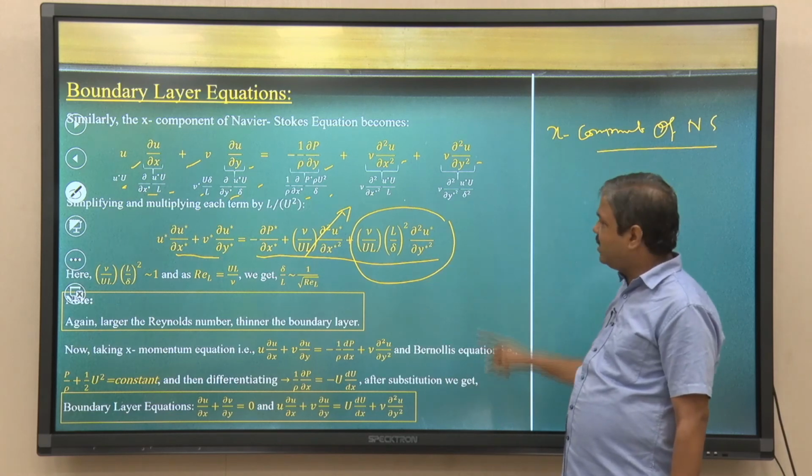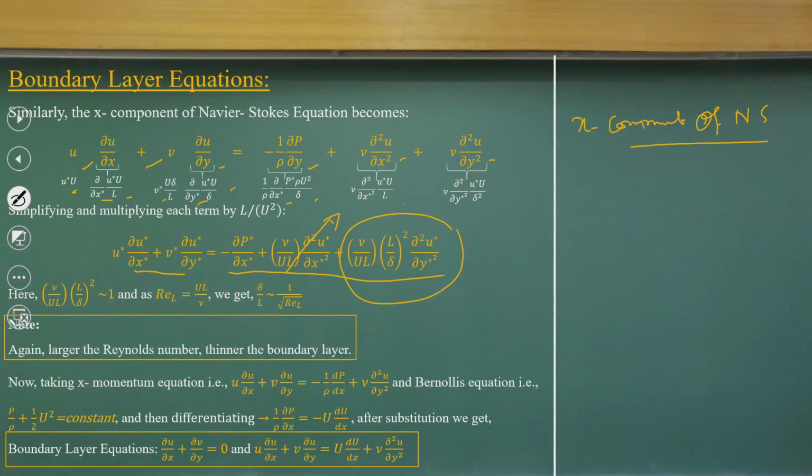That means this value should be equal to order 1. Otherwise, if I drop this part, I am coming back to the Euler equation format, which is not justifiable, because the Euler equation does not hold in the boundary layers.